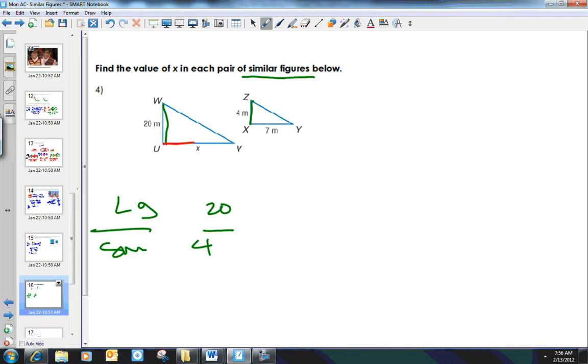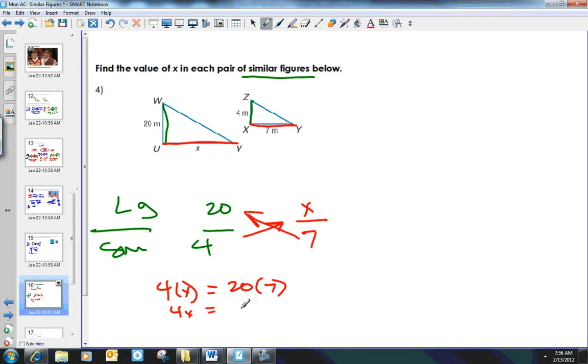Now for our large figure, UV is X, and our corresponding side in the small figure, XY, is 7. So now we have 4 times X has to be equal to 20 times 7. Okay, so this is 4x equals, and 20 times 7 is 140. All right, we're going to divide by 4 on both sides to find out that x equals, let's see, 4 will go into 14 3 times with 2 left over, so 35 for x, 35 meters.